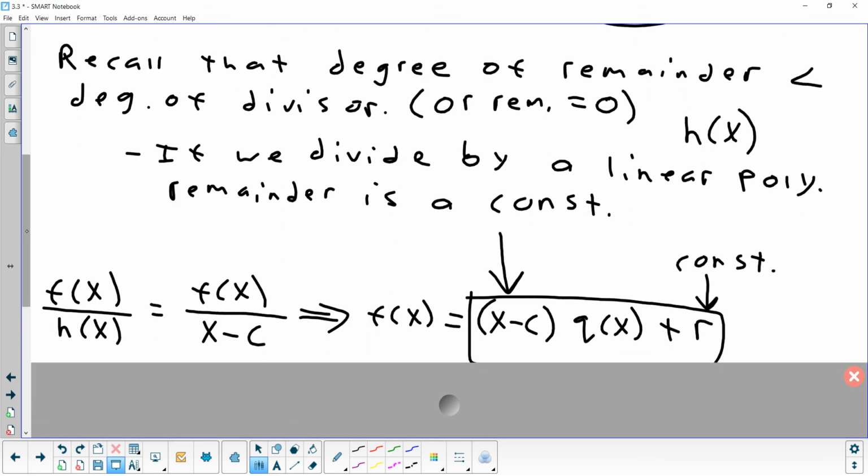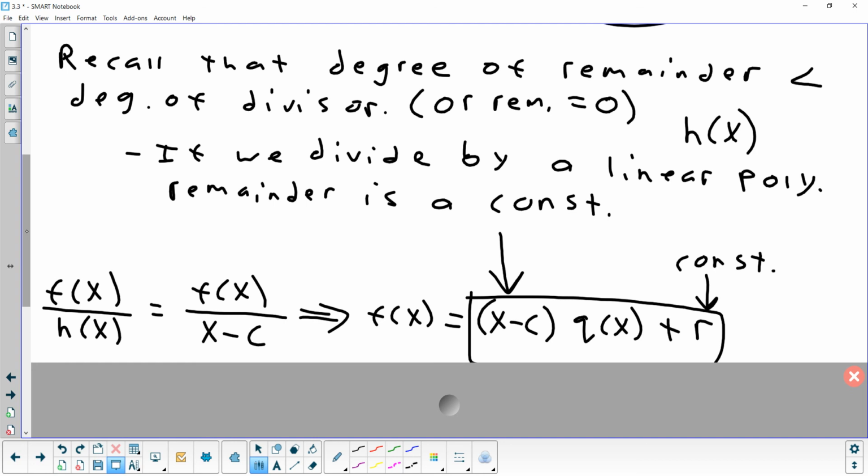Could be anything. Now I'm saying it's not anything. It's something very specific. It's x minus some number. X minus 5, x minus 2, I don't know. But let's say we're doing a division problem where it's x minus 2. What we're getting towards here is a quick way to find the remainder without having to do the division out.